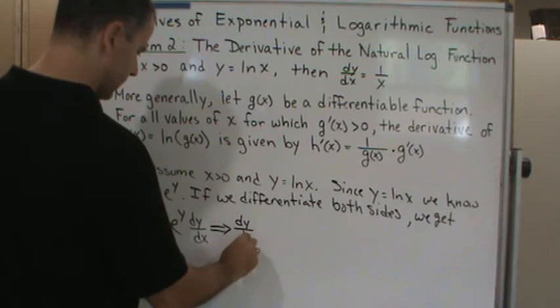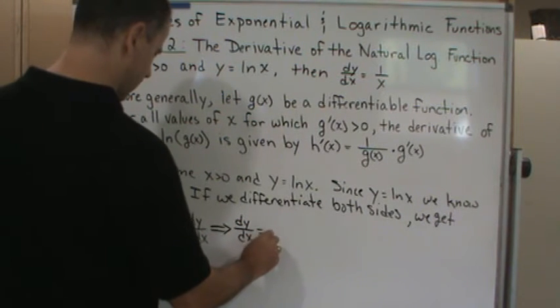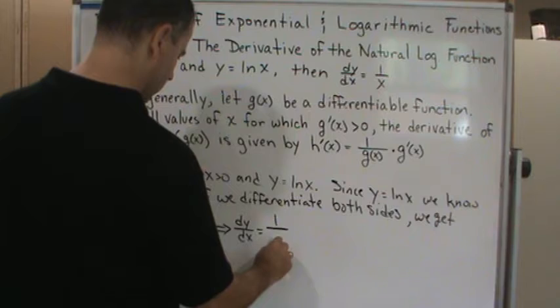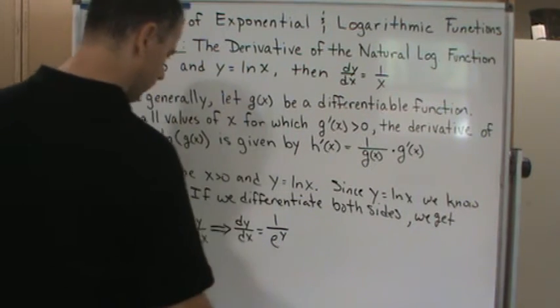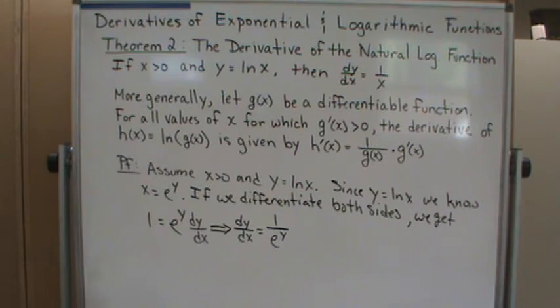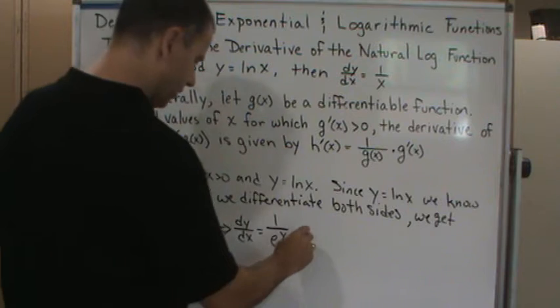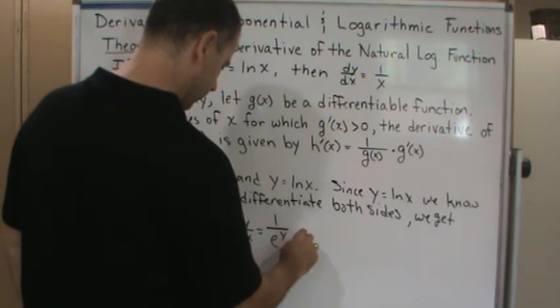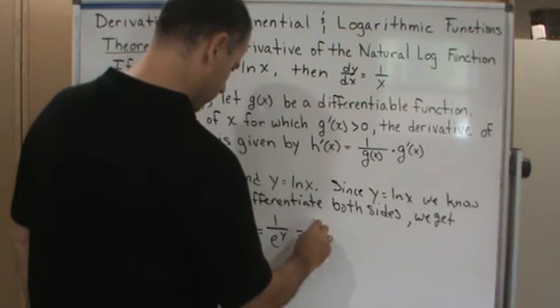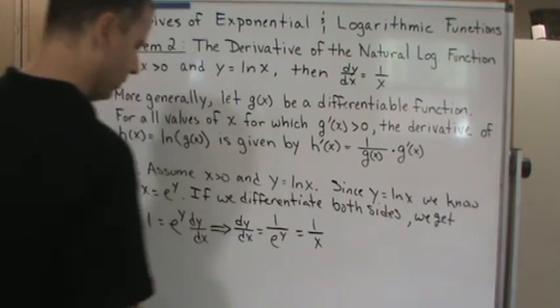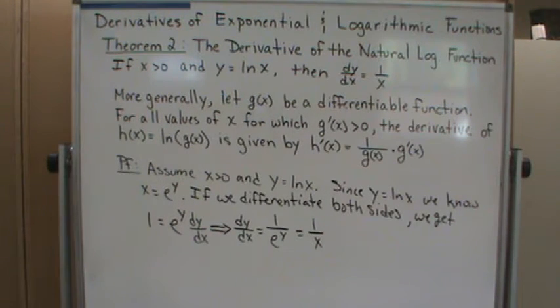So dy dx equals 1 over e to the y. And then we substitute back for what we said here: x equals e to the y. So we substitute back, which equals 1 over x.